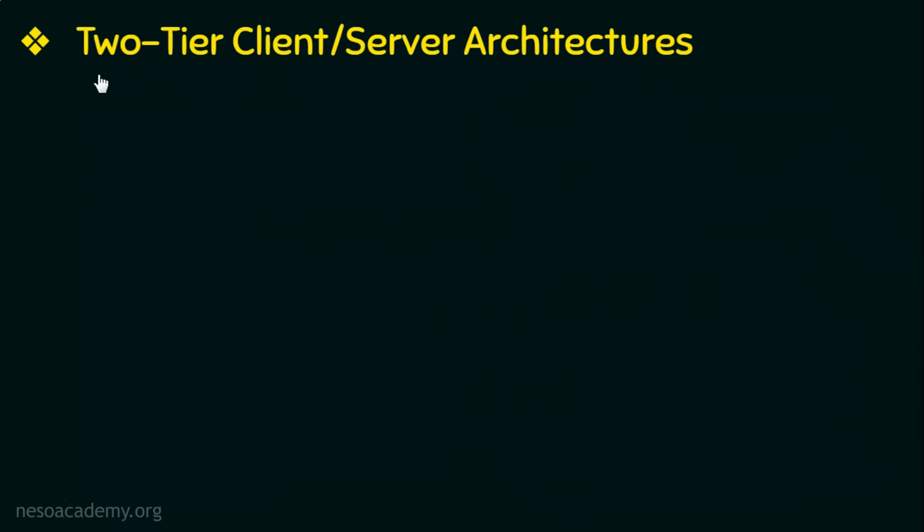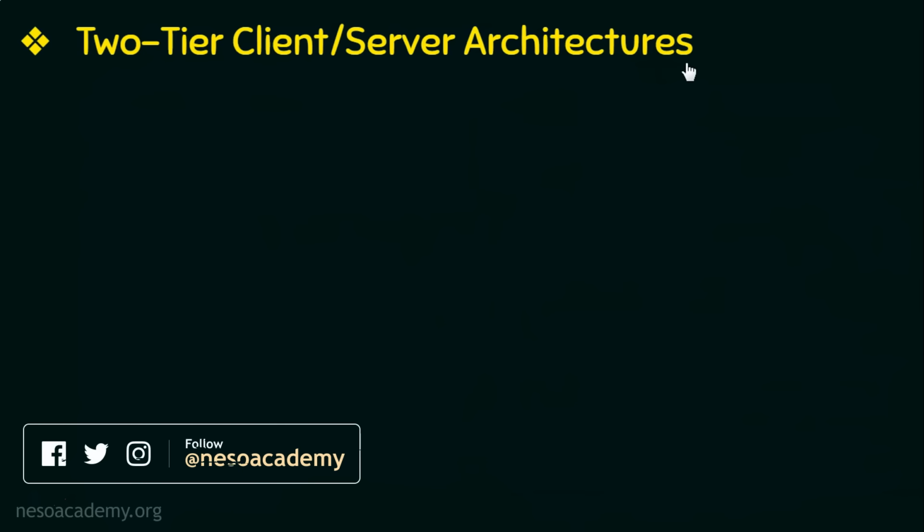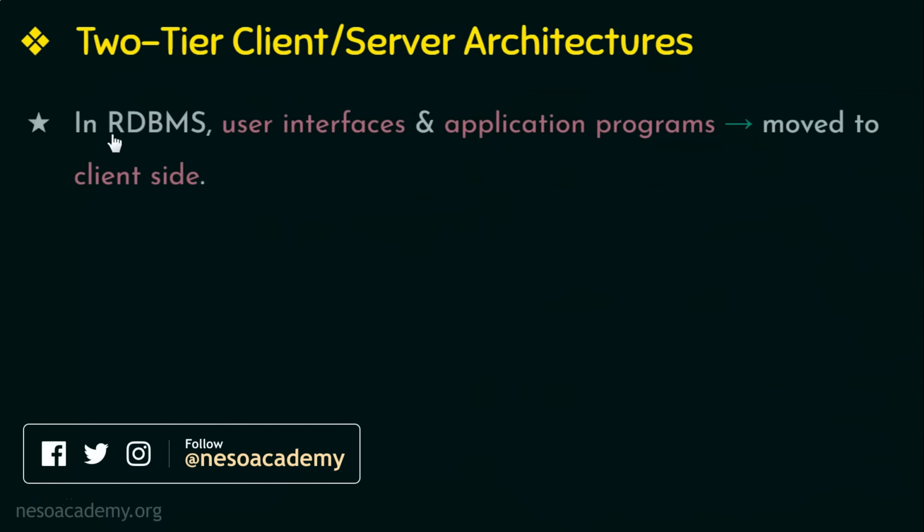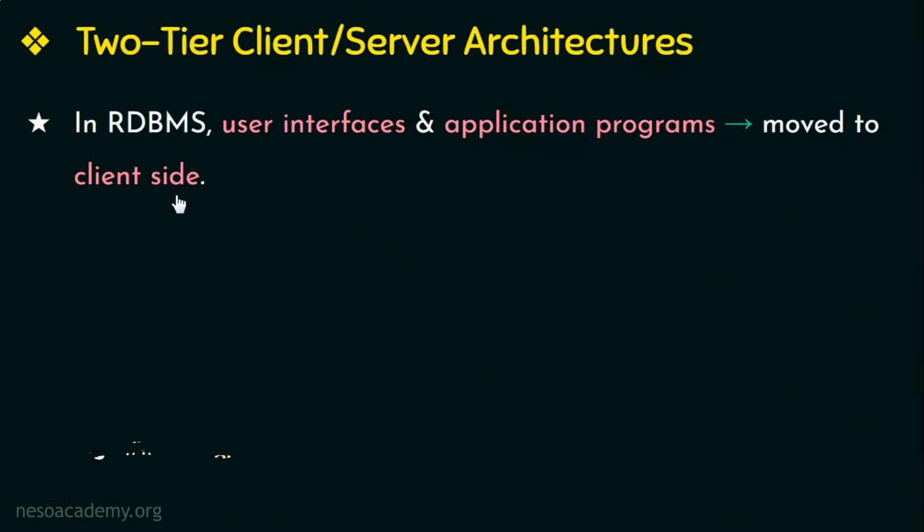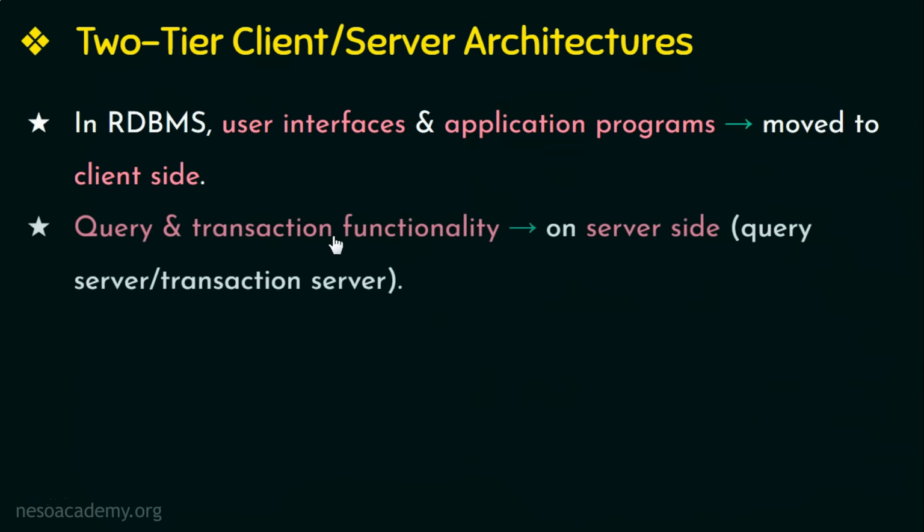So first, let us discuss the two-tier client-server architectures. Initially, the RDBMS started as a centralized system. Then later, when the client-server architecture started getting incorporated into many of the commercial DBMS, the user interfaces and application programs moved to the client side, and the query and transaction functionality remained on the server side.